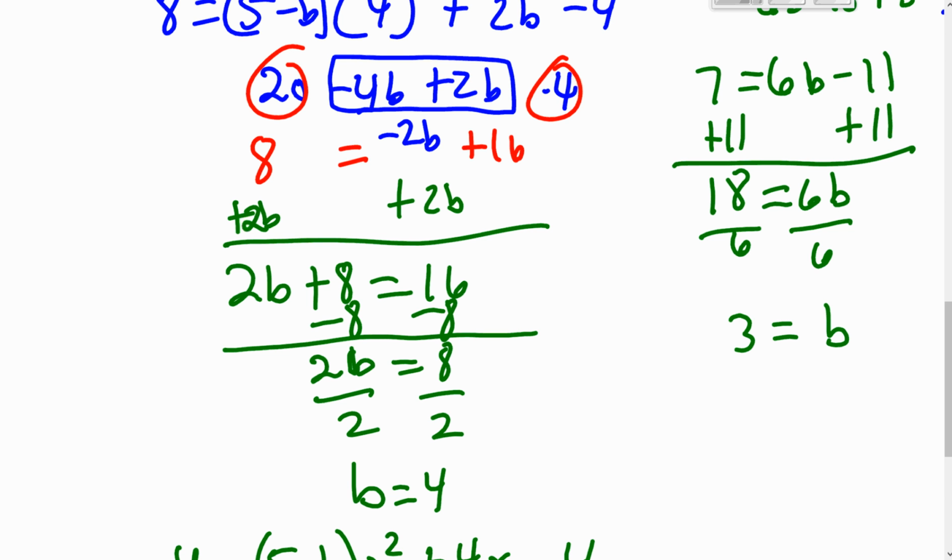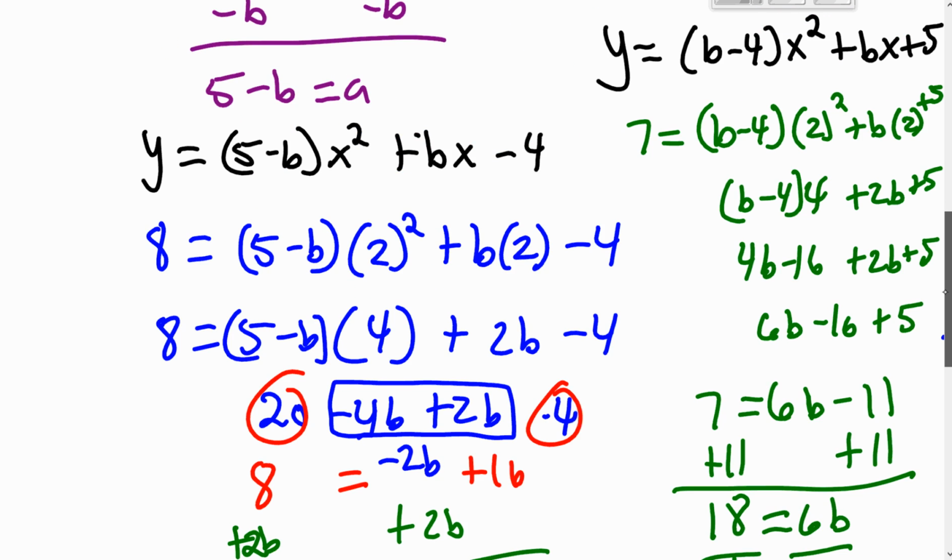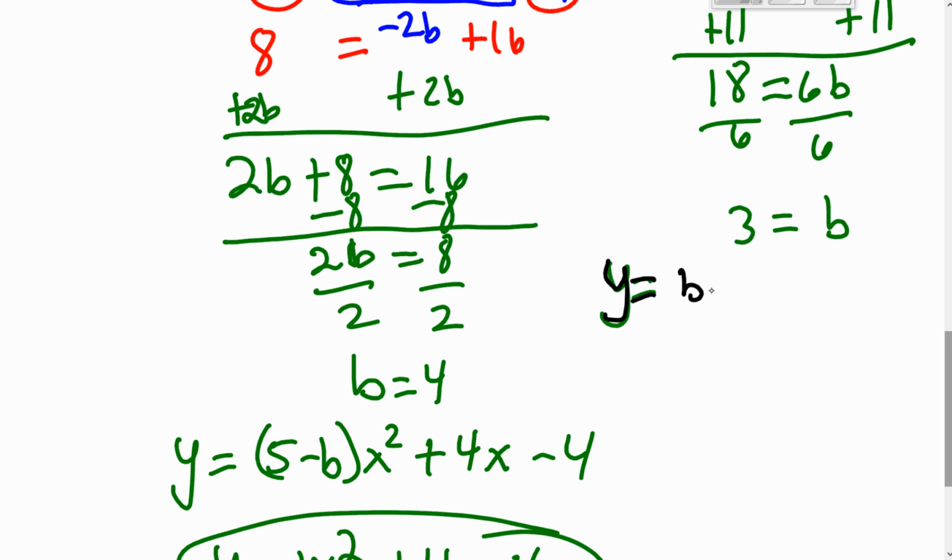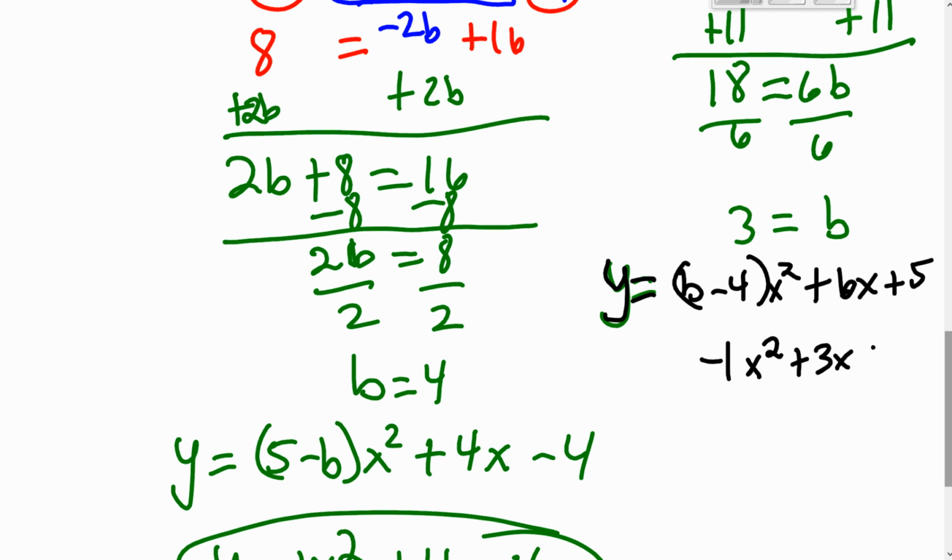Now we can start plugging that back in, right? y equals, let's switch colors here, y equals our a, which was, was it 5 minus b, or b minus 4? b minus 4, okay. So I can plug in my b, which is 3, so I get negative 1 for my a, x squared, plus my b times my x, so that'd be 3x, plus my c, which was 5. So there's my equation.